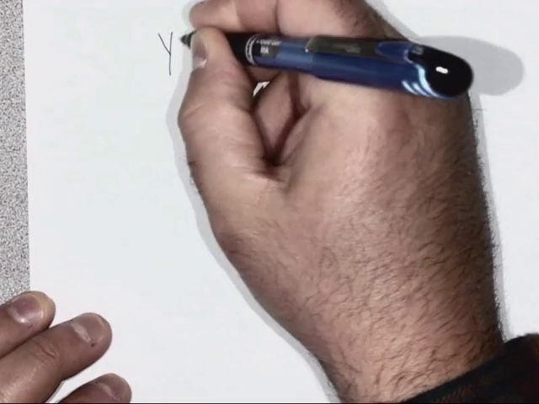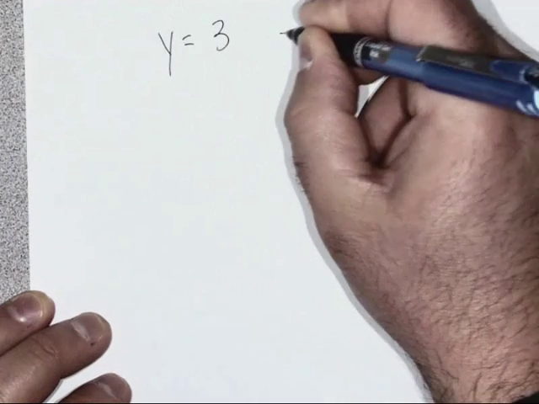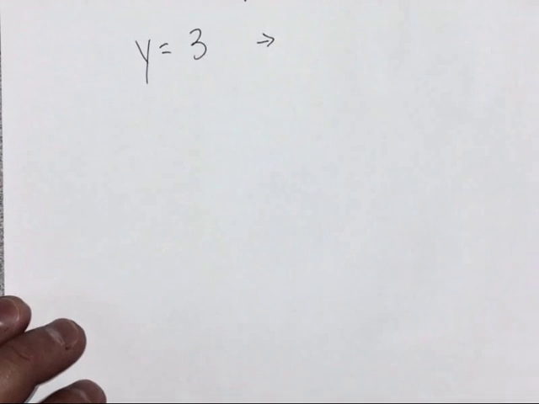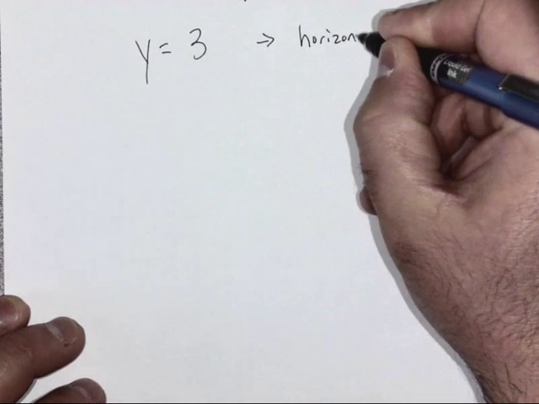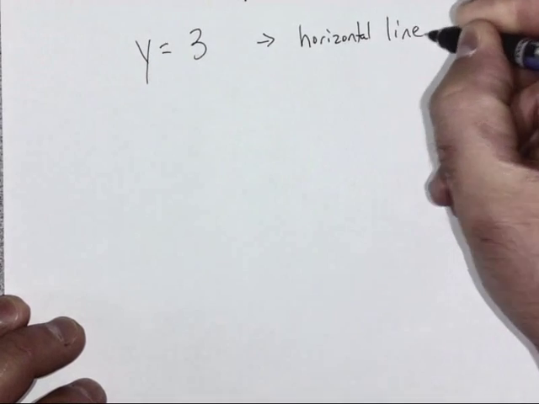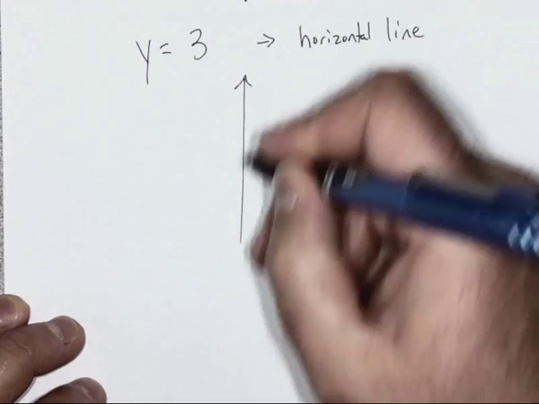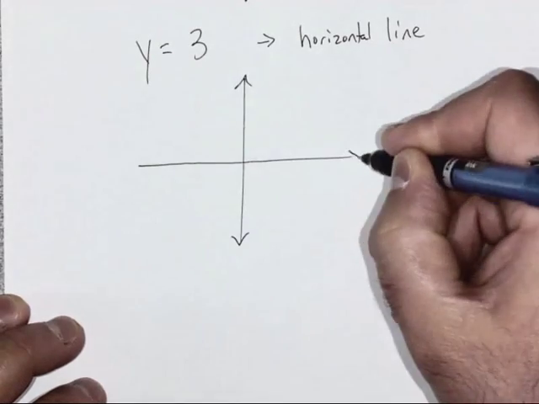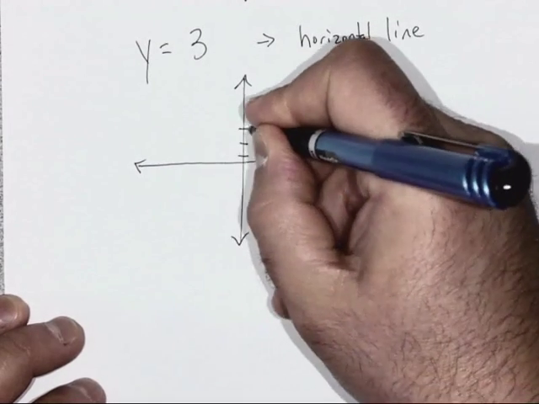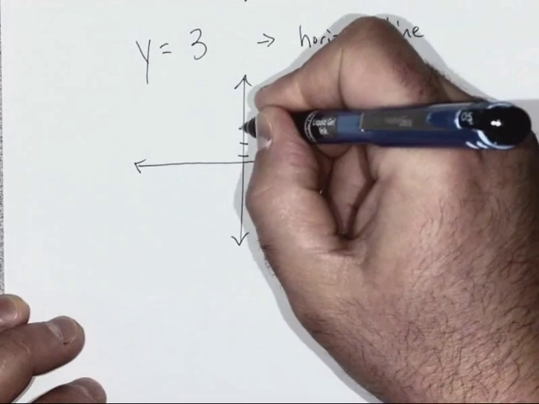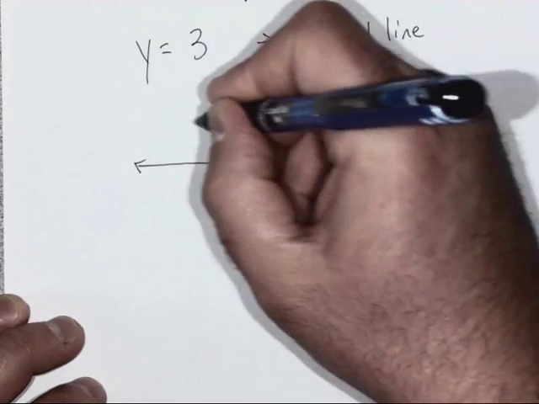So what about horizontal lines? If we have an equation like y equals 3, where y equals just a number, that's what we call a horizontal line. If we graph that, remember that is going to be the horizontal line where all the y coordinates equal +3. So that's going to look something like this.